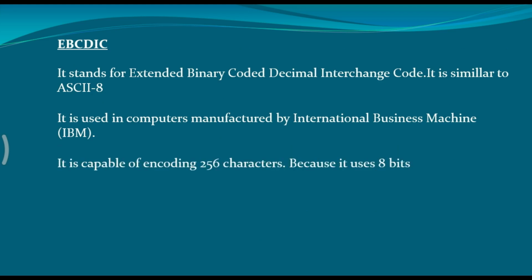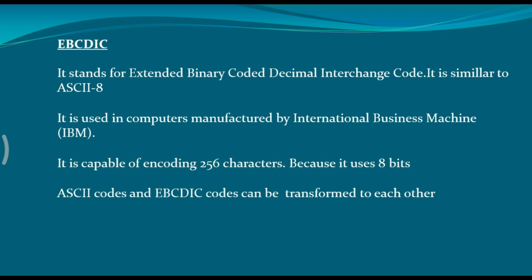It is capable of encoding 256 characters because it uses 8 bits to represent each character. ASCII and EBCDIC codes can be transformed to each other. We can convert EBCDIC code to ASCII, and we can convert ASCII code to EBCDIC code also. Interchange between ASCII and EBCDIC codes is possible.